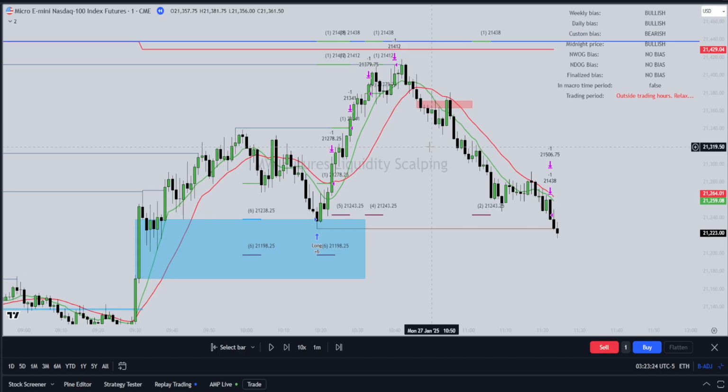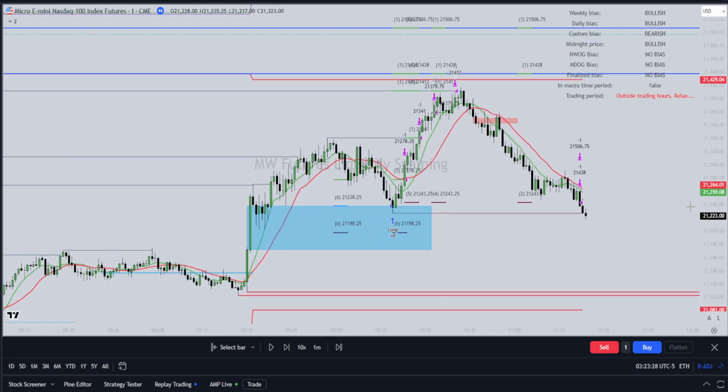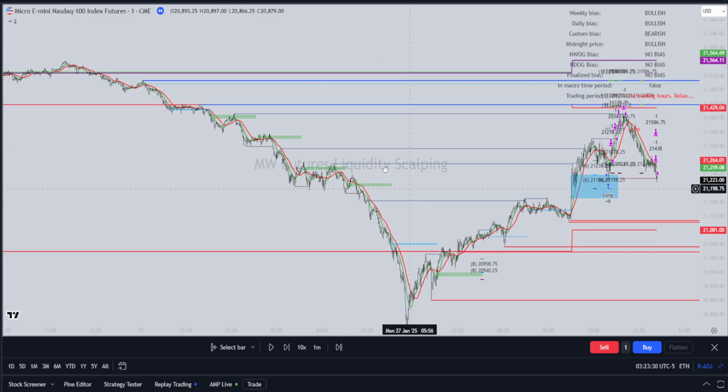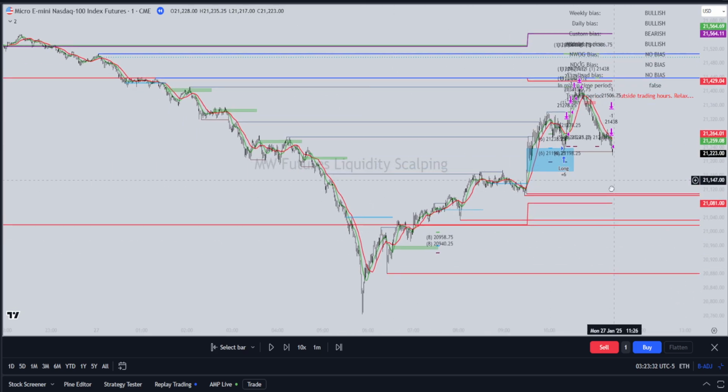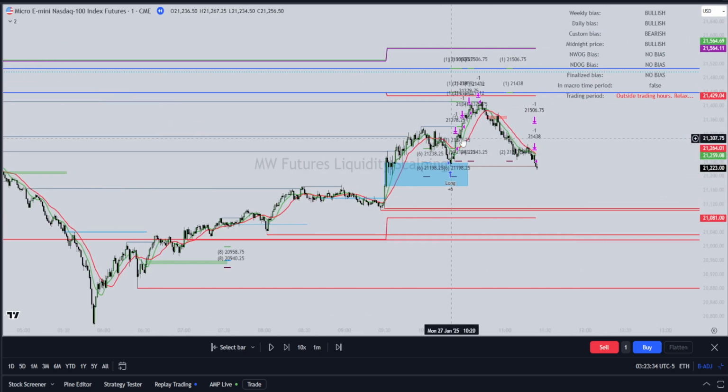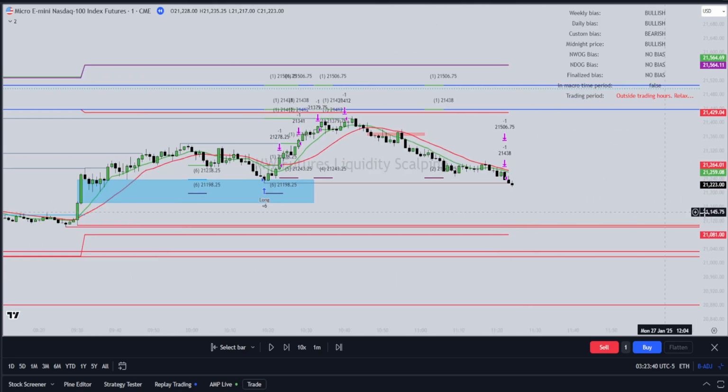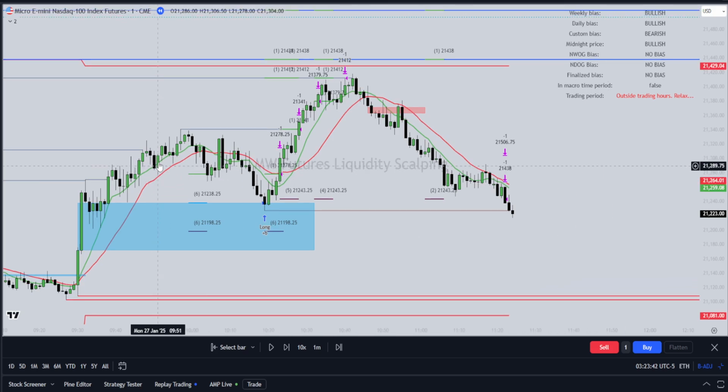So this is a very good case study of how many liquidity pools are there to the upside, and how many liquidity pools are there to the downside. A practical silver bullets entry trade according to ICT. Everything was set in stone for you to take.